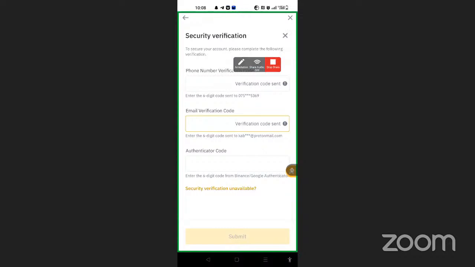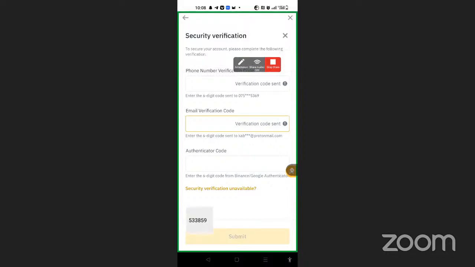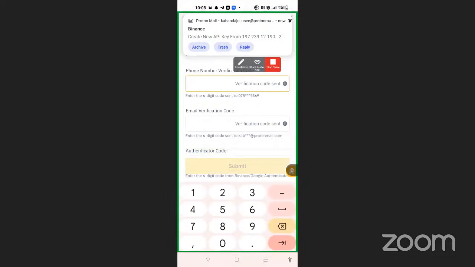Let me verify very fast, ladies and gentlemen, so that I show you what I'm talking about. So I think this is for the phone number. Then let me pick that of the email.